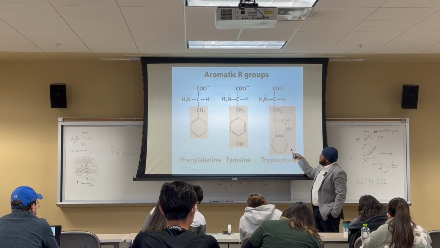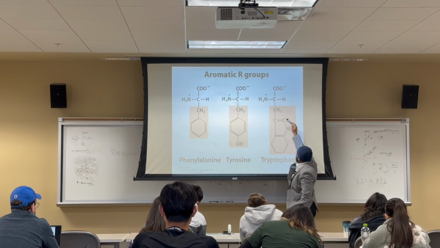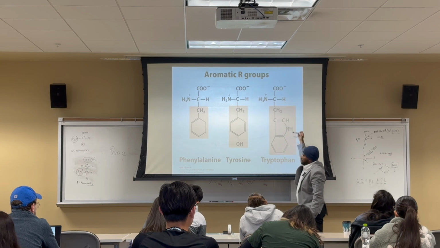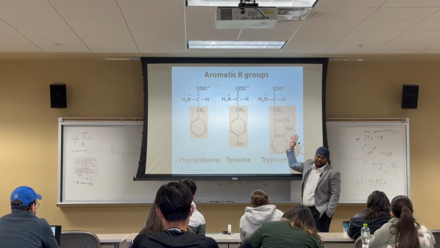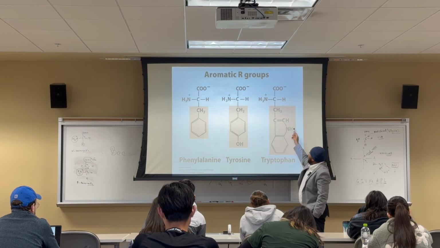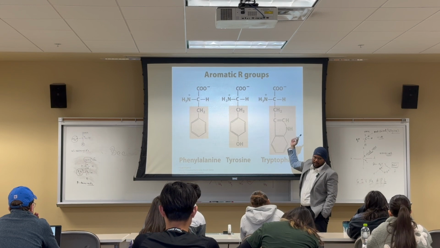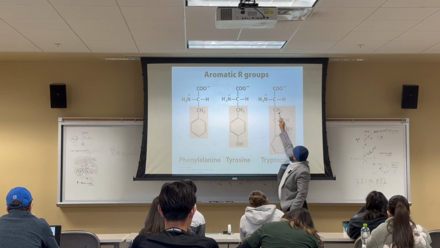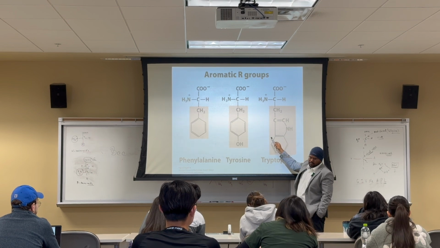And the only thing you have to remember is 1, 3, 4, 1, 2, 3, 4. I told you, fourth position is very important to remember the structure of amino acid. And in fourth place you have nitrogen in place of carbon. Okay? So 1, 2, 3, 4, and then a benzene ring.